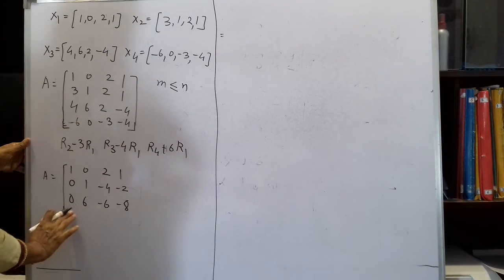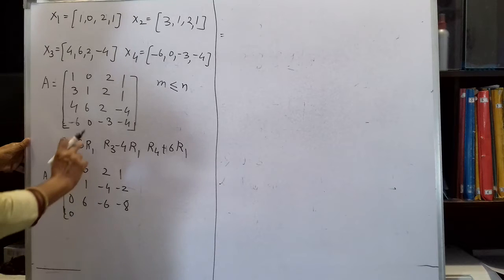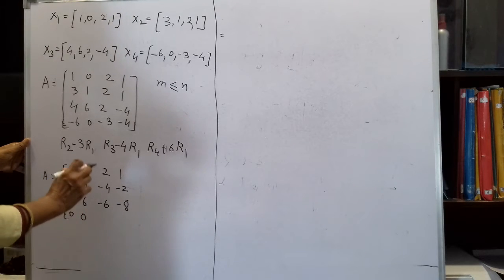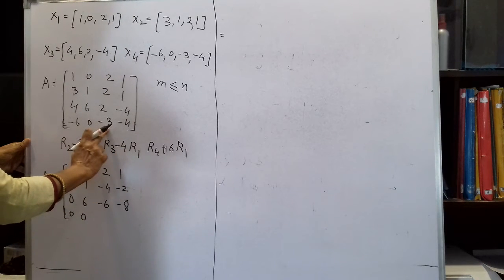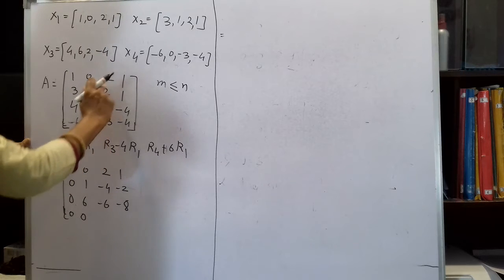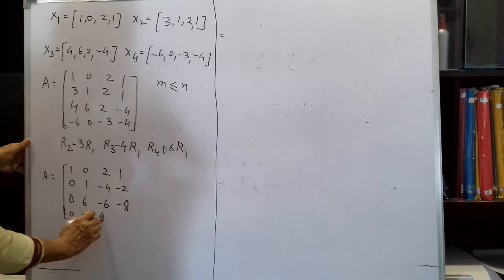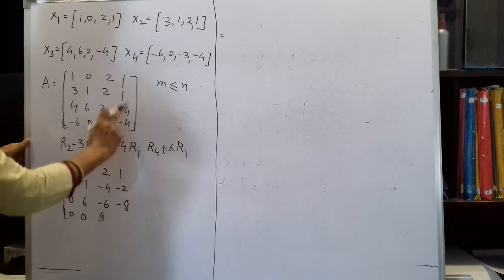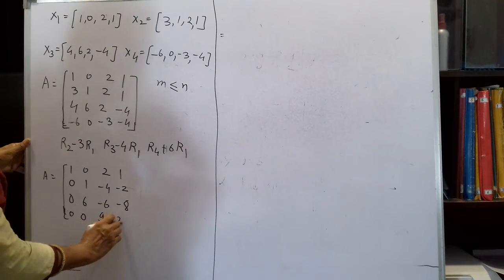Now here it is 0, then here it is 0, and in R4, minus 3 plus 12 we will get 9, and minus 4 plus 6 we will get 2.